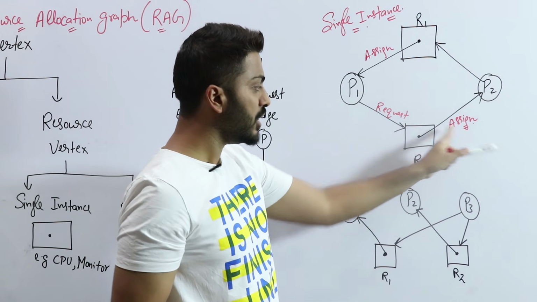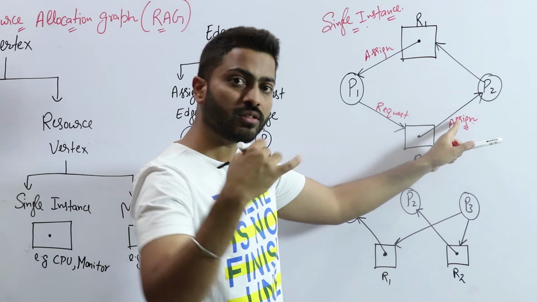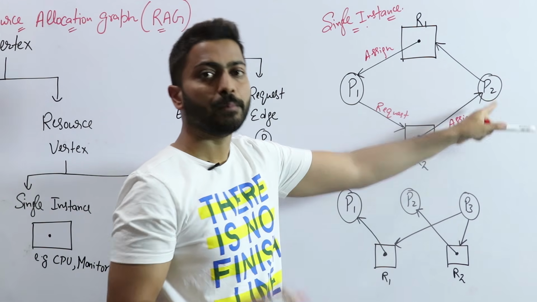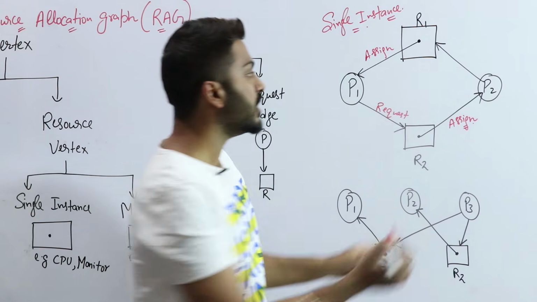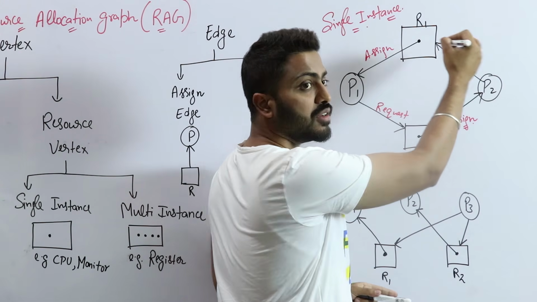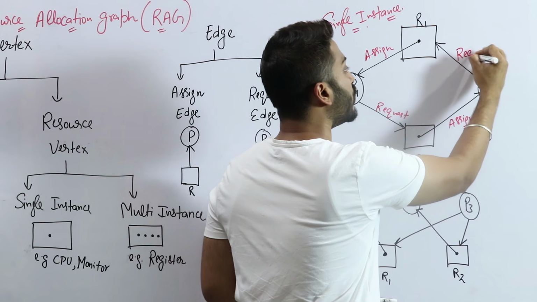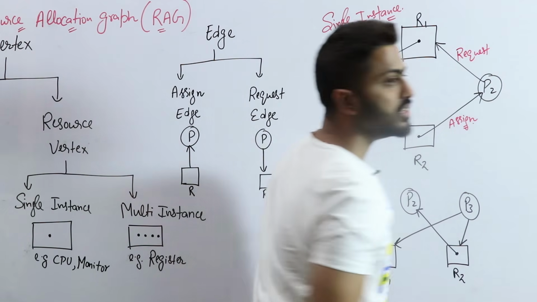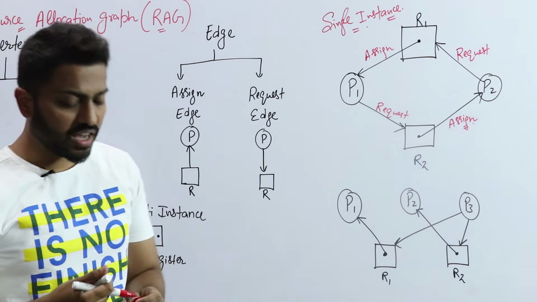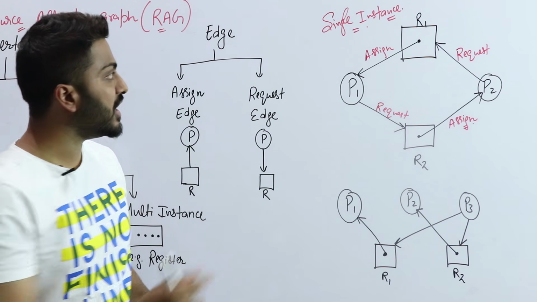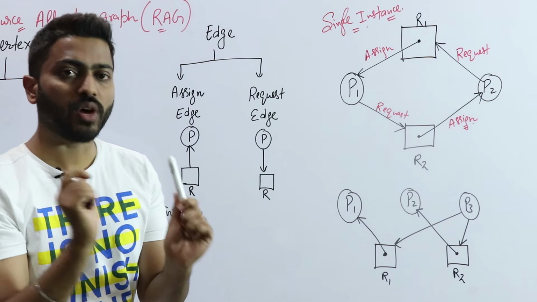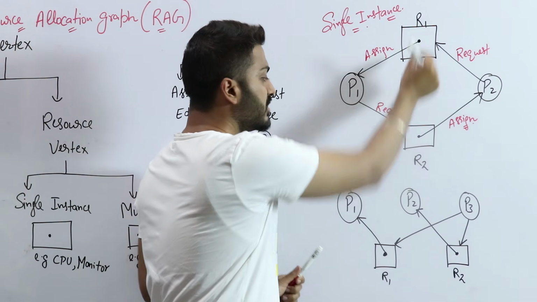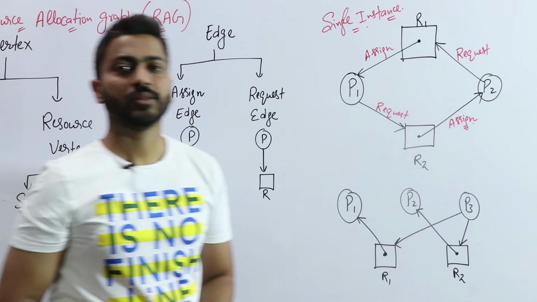It means R2 has already been assigned to P2, and there is one more edge from P2 to R1. It means P2 needs R1. P2 requests R1. This is how we represent a normal RAG. Here we have assumed that this is single instance, only one R1 instance and only one R2 instance.